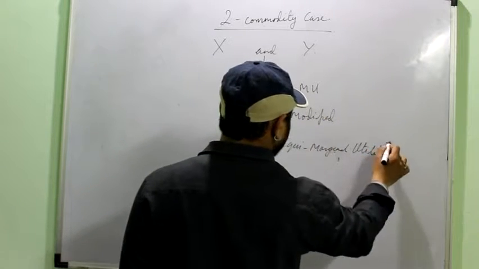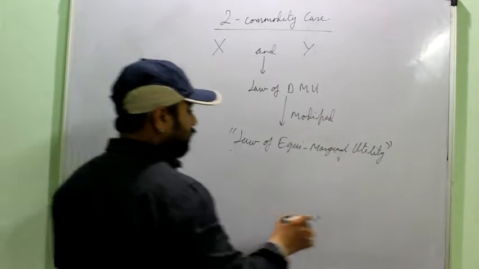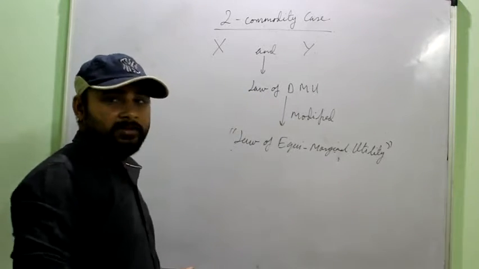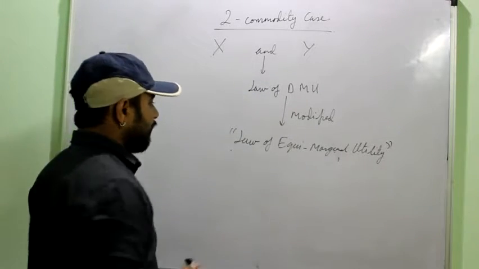This law of equimarginal utility is very important. Actually it is the first condition of the equilibrium under the two commodity case.